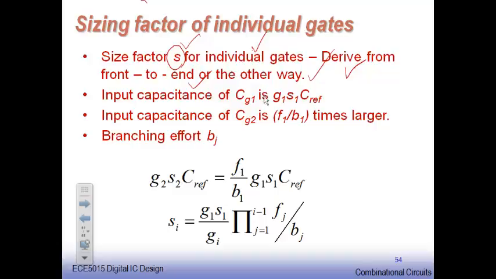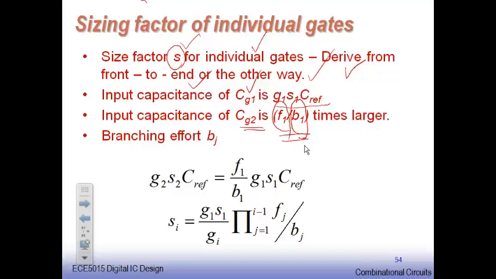So the input capacitance CG1 is what? G1 into S1 into C reference. What is your reference capacitor? And the next capacitance CG2 is going to be how much bigger? It has to drive a bigger load F1, and what is going to be the branching? B1, this many times higher.